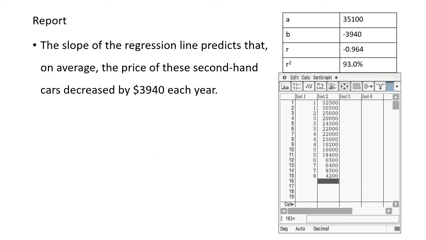Okay, so now we're looking at really the B value over here. And I'm going to shorten some of this sentence because it makes it easier for you to cut and paste as a template. So the first part, the slope of the regression line predicts that on average, okay, the price. Now we don't need to say all this stuff about all the second-hand cars, just ignore that bit.